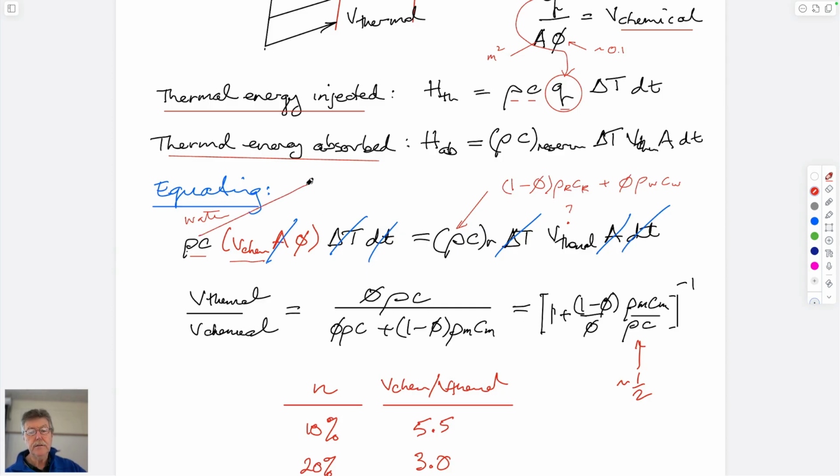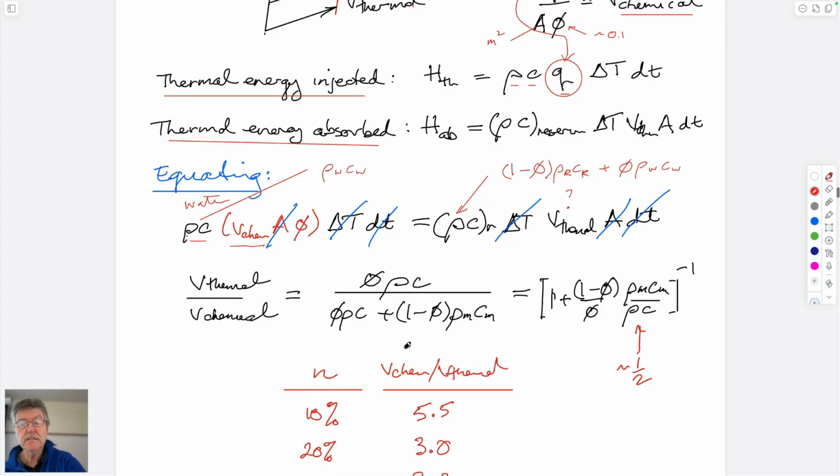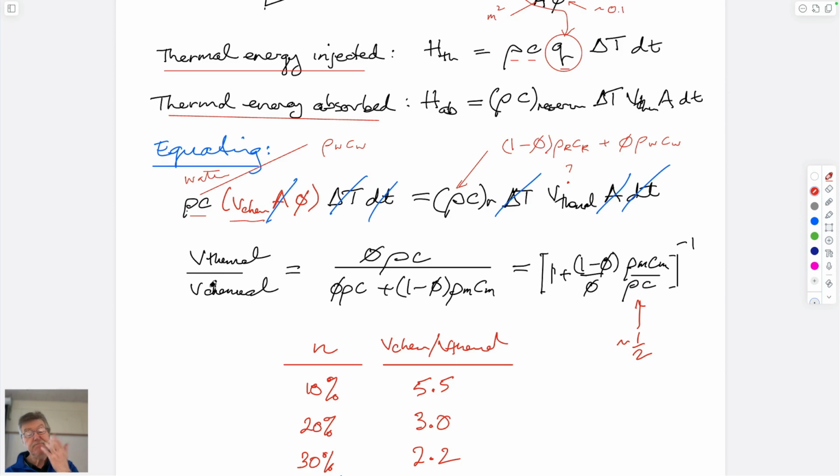This would be rho W CW, and it includes this. If you rearrange this, then you have a ratio between these.